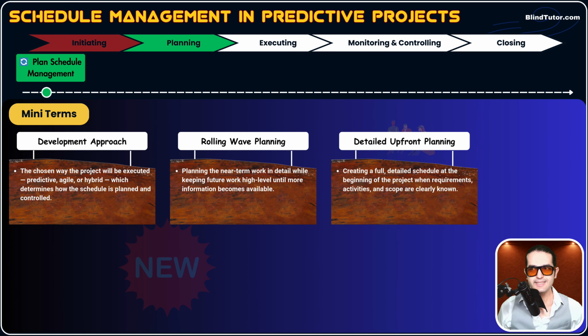The next term is detailed upfront planning. I think it is self-explanatory, and we use detailed upfront planning in predictive projects. So detailed upfront planning means creating a full, detailed schedule at the beginning of the project when requirements, activities, and scope are clearly known. So guys, when do we use predictive projects?